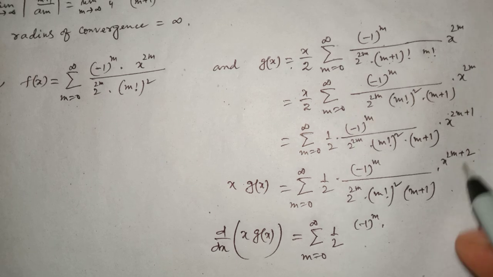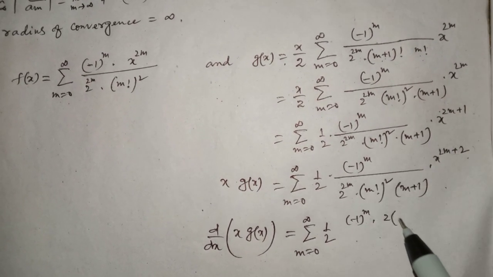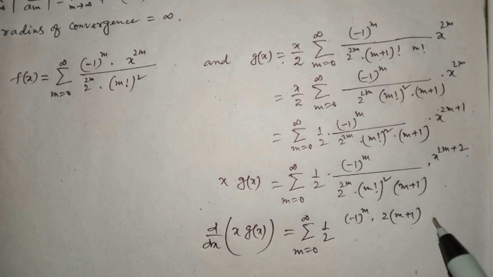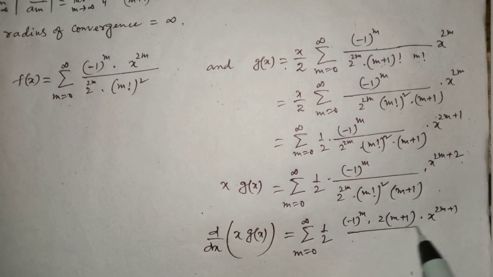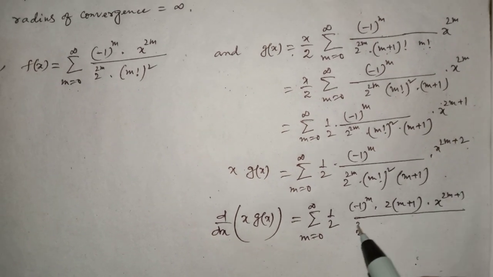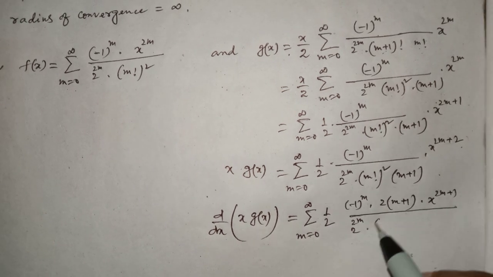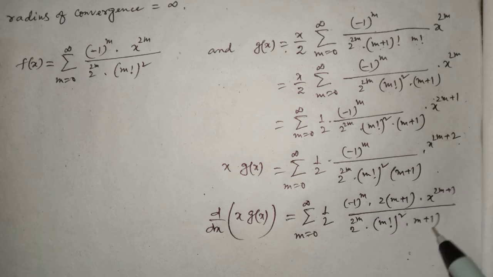So 2m plus 2 means 2 into m plus 1, into x to the power 2m plus 1 by 2 to the power 2m into m factorial whole square into m plus 1.